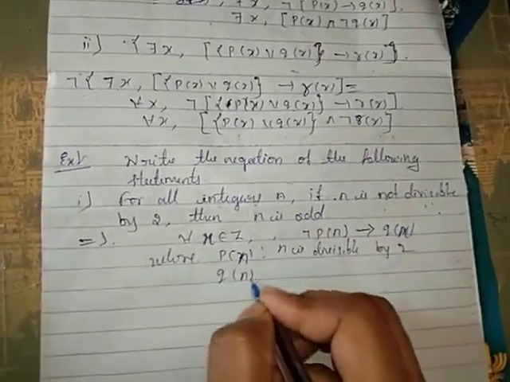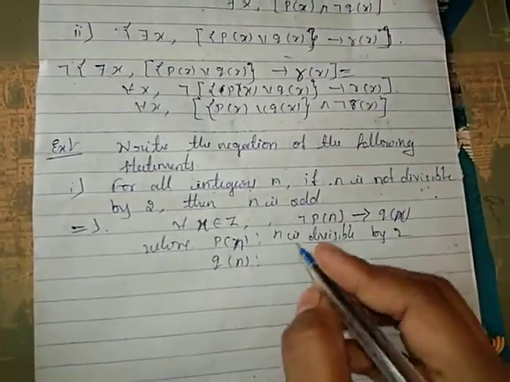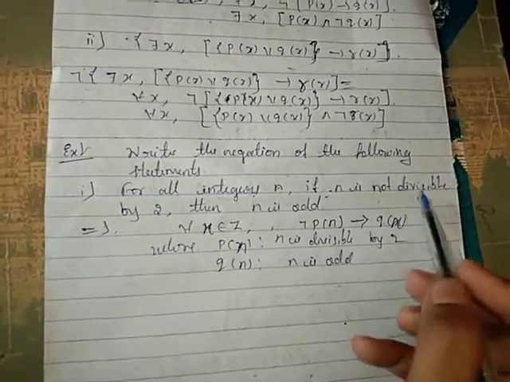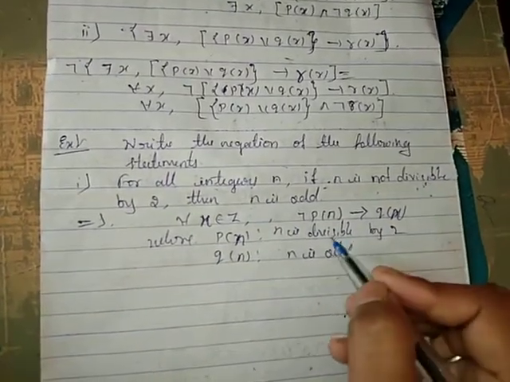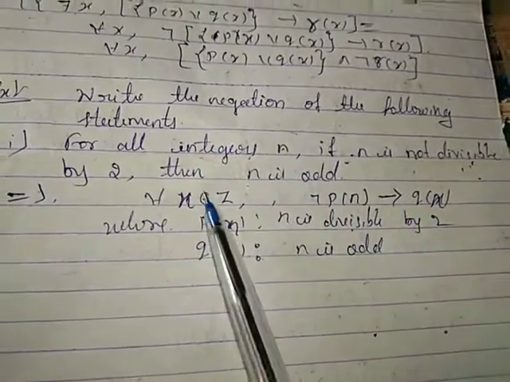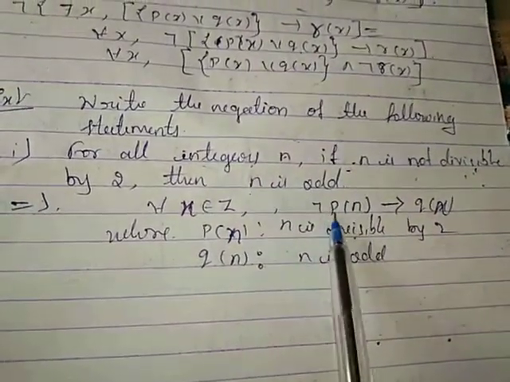Q of n states that n is odd. That is how we symbolize the given statement.